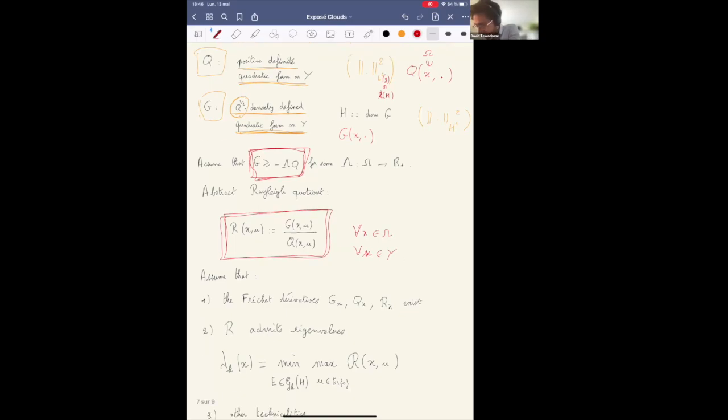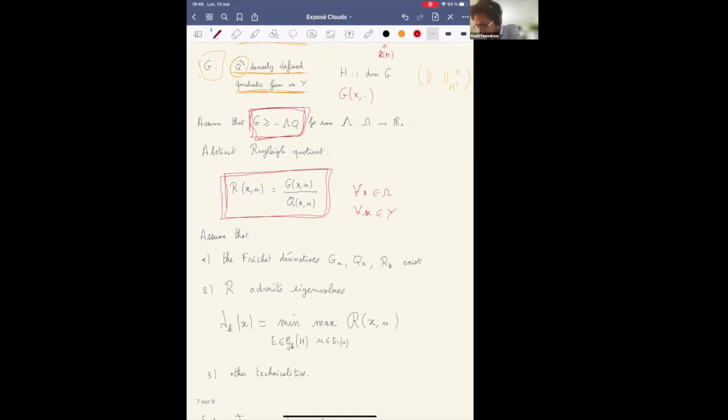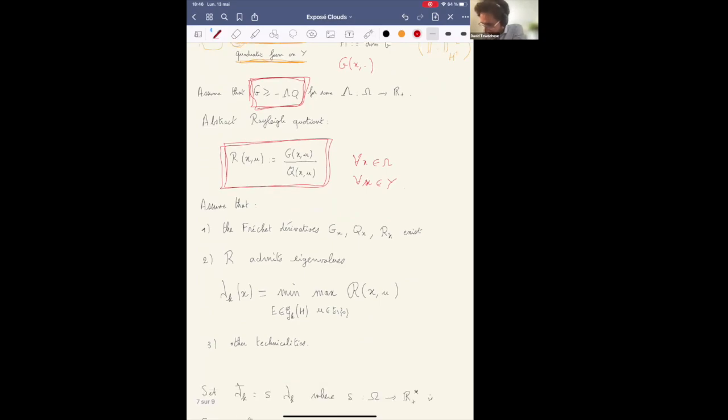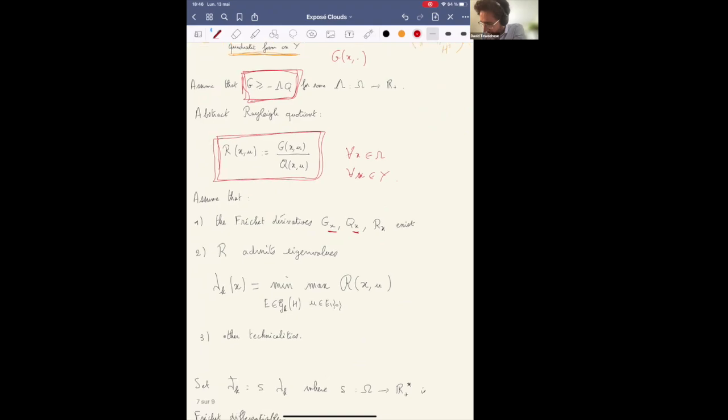And then we have other assumptions. One important assumption is that the Fréchet derivatives with respect to the X variable exist for these G and Q quadratic forms. Since R is a quotient of the two, the Fréchet derivative of R also exists, has some formula, and satisfies some quotient formula.